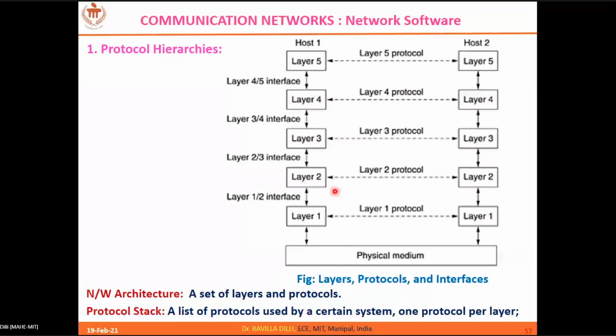When there is an advancement in technology, for example, some other algorithm called X is doing better than the existing algorithm K, then you have to replace algorithm K with X. That should not affect the rest of the network design.